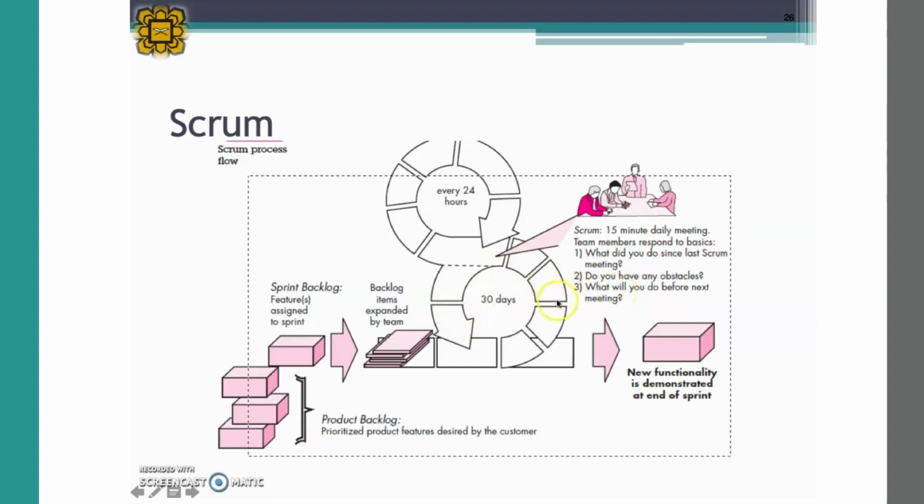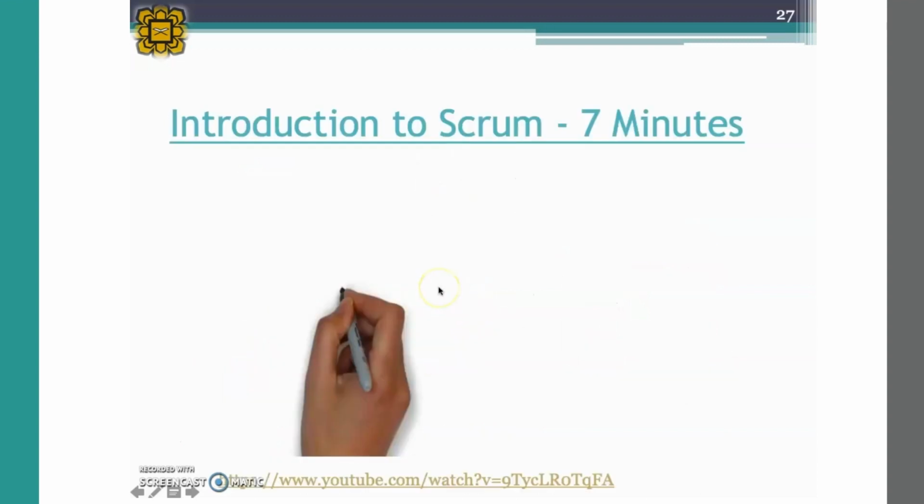After they finish the iterations, they will produce the increment. Then they will move back to the product backlog and take the next user stories to be implemented in the next sprint.